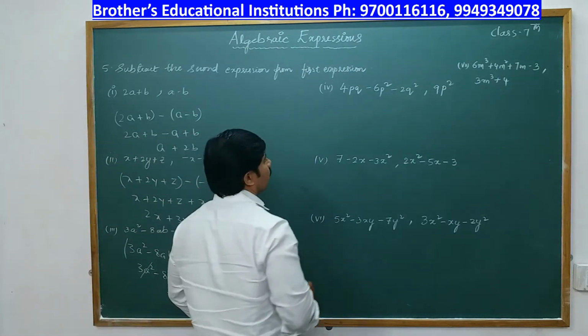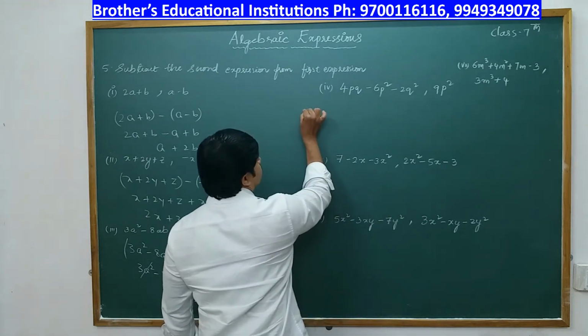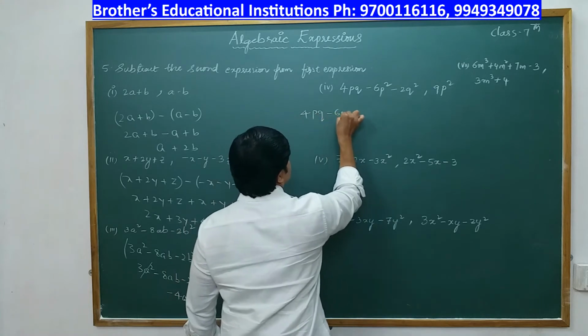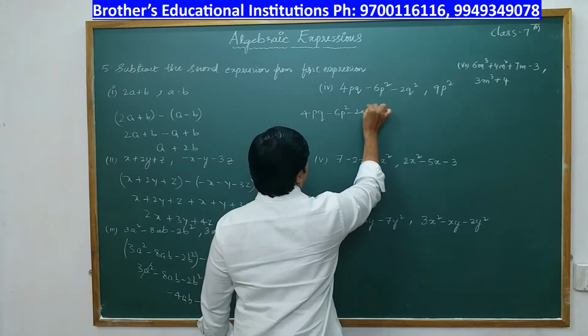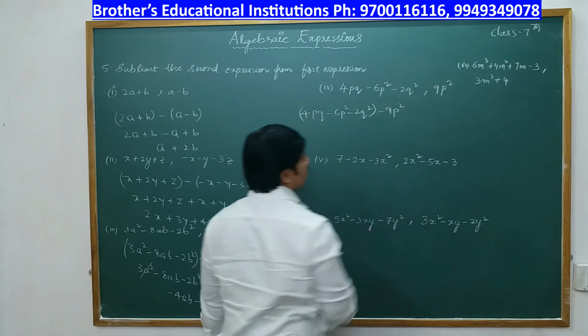Now we'll go to the fourth one. See, in the fourth one it's a normal expression, right? First we write like this. It is 4pq minus 6p square minus 2q square and minus 9p square.